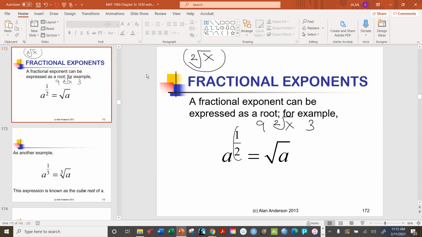If you choose to go this way, here's what you have to do. 9, exponent, open parentheses, 1 divided by 2, close parentheses, equals. 9 raised to the parentheses, 1 divided by 2, close parentheses, don't forget about that, equals, and you'll get your 3.